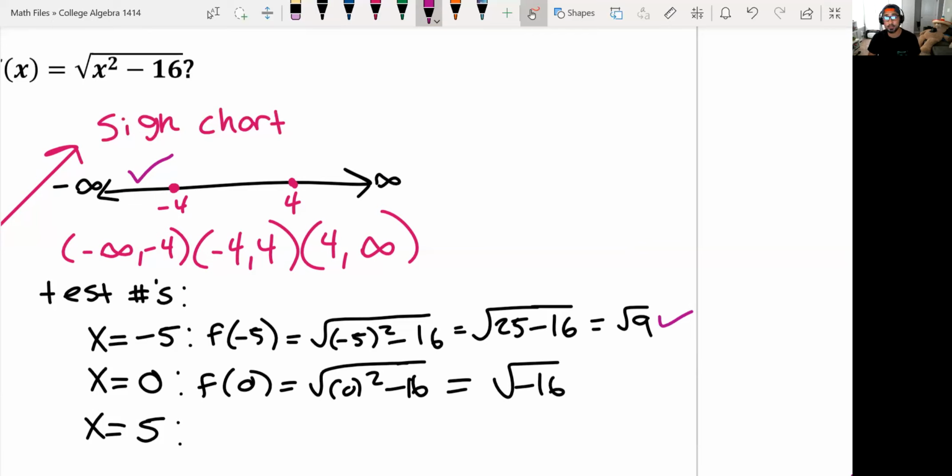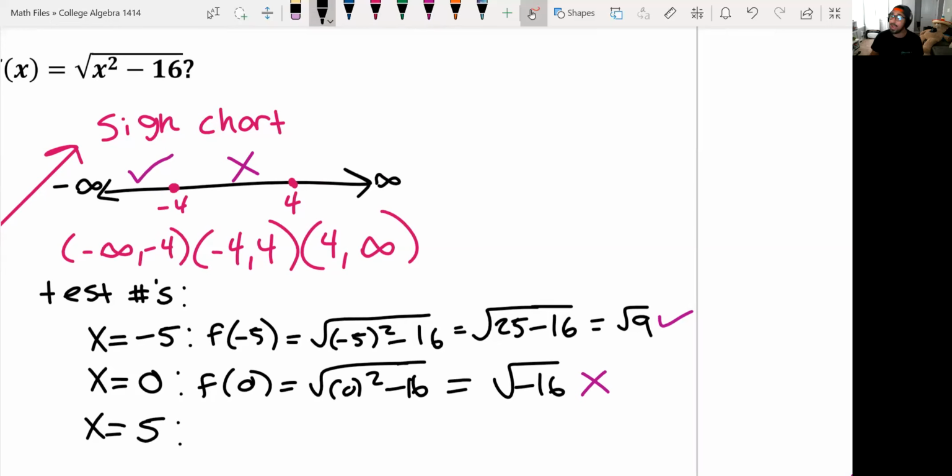And the answer is no. Technically, yes. If you do, you'll get what type of numbers? You'll get imaginary numbers. So when dealing with a real function, we can't have results that are imaginary numbers, which means this isn't going to work out, which means that any number between -4 and 4 will not work.